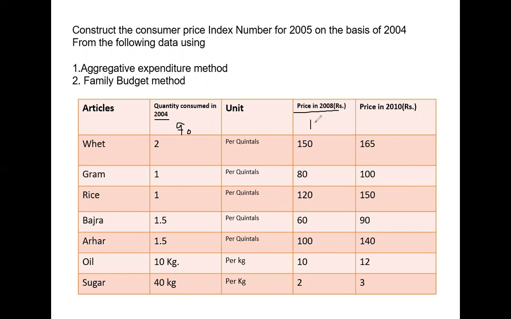So we have P naught for 2008, okay? And then we have the price in the current year, okay, as P1. Okay, that is how it goes. So for Laspeyres, as you are aware, right, you need to multiply your Q naught with P1 over, and then sum it up, over Q naught times P naught, sum it up, okay, find the ratio times 100, and you get your Laspeyres index.